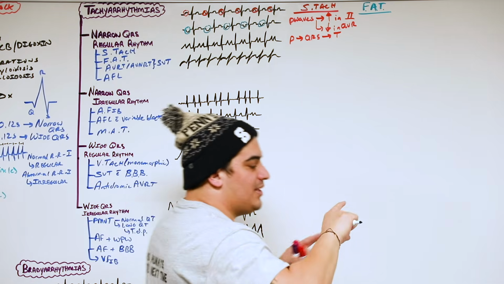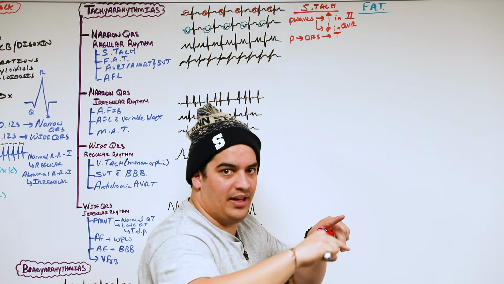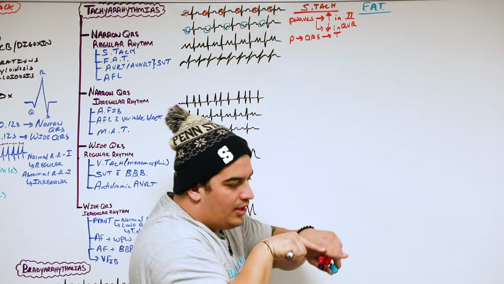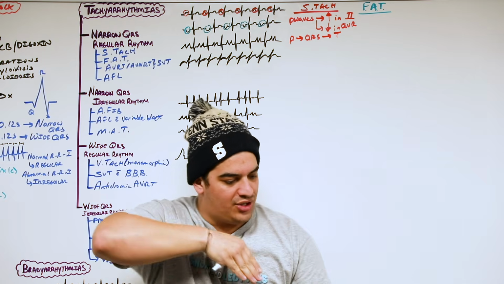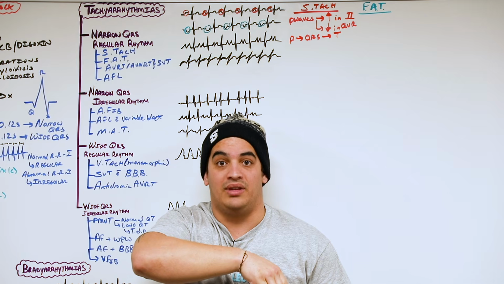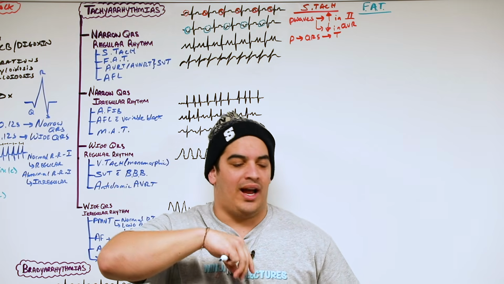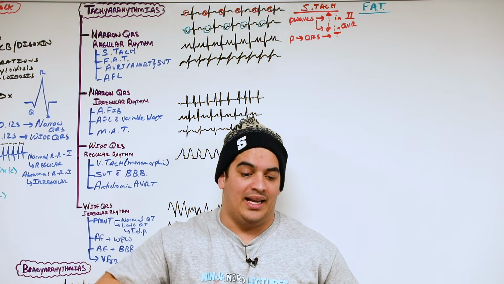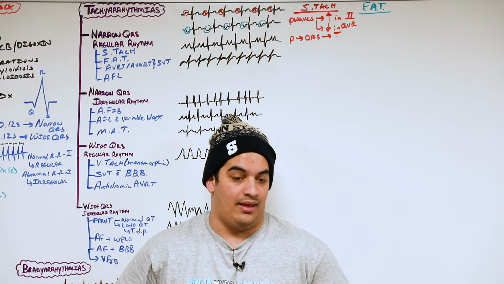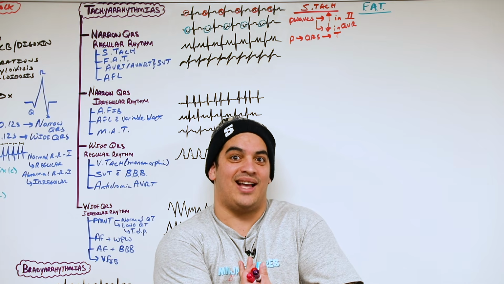The reason why is, remember your electrical depolarization from the EKG basics video. SA node down to AV node creates a depolarization vector that goes downwards towards the left, pointing towards the positive electrode of lead 2. If, let's say, there's a little focal area firing from the left atrium, and it's depolarizing the atria moving in this direction, away from the positive electrode of lead 2, what does that cause?